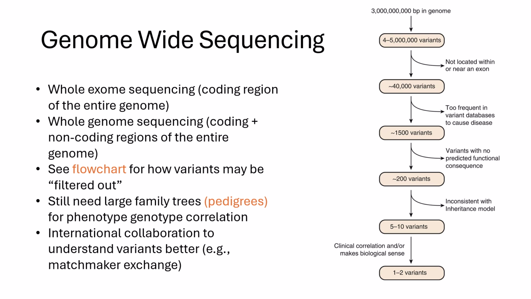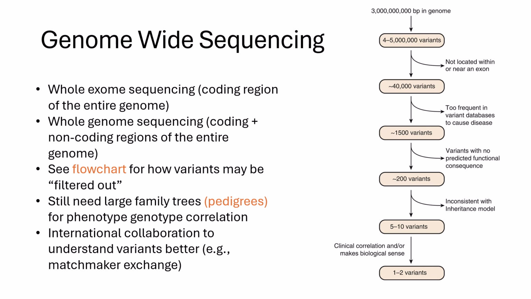So you've got a large pedigree, you've identified that there is a monogenic condition, and you've sequenced the variants. But we've got 3 billion base pairs in a genome. So we have to then filter out variants that we don't think are associated. Most diseases are caused by variants within the coding region.